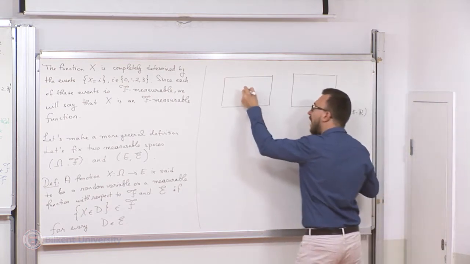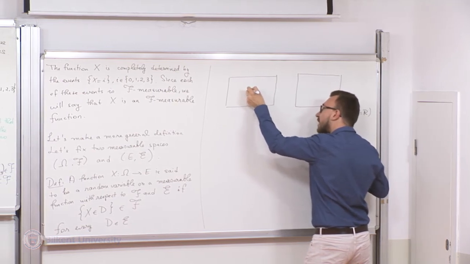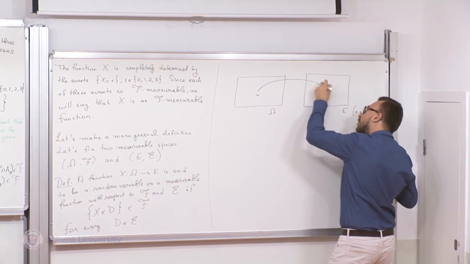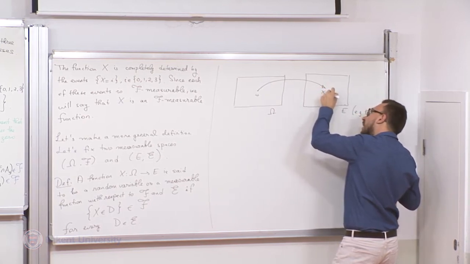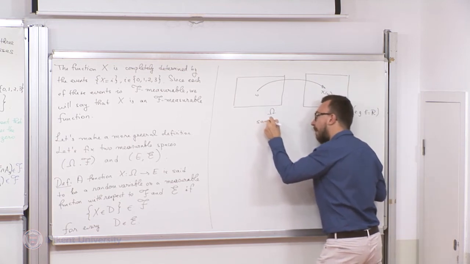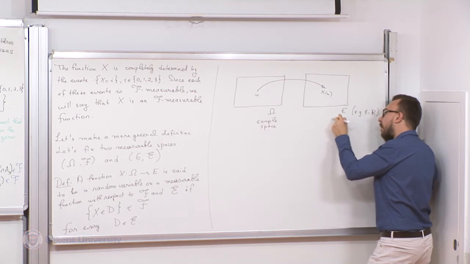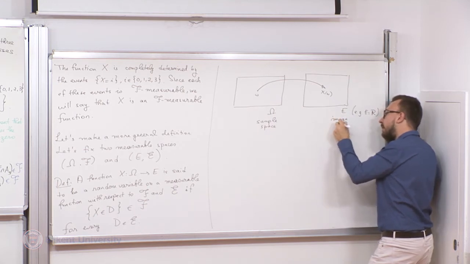So your function X is doing the following. It takes omega and maps it into a value in this set. So this is your sample space, and this is your image space, or sometimes state space.